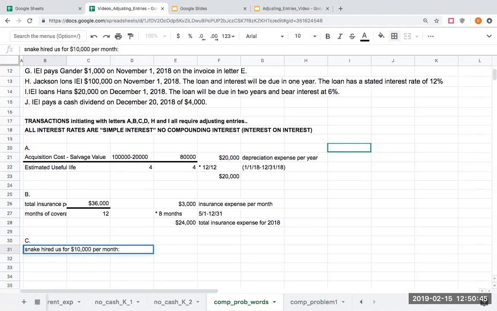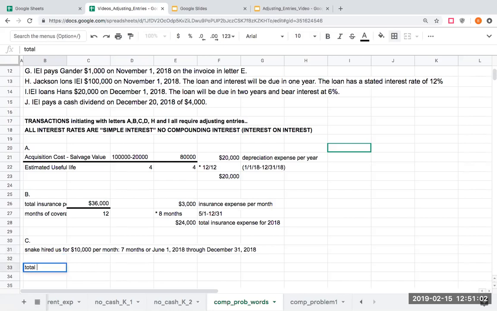And this was for 7 months, or June 1st, 2018 through December 31st, 2018. That's 7 months, count it out: June, July, August, September, October, November, December. So the total revenue that I should be recording should be 7 months times $10,000 per month, for a total of $70,000.